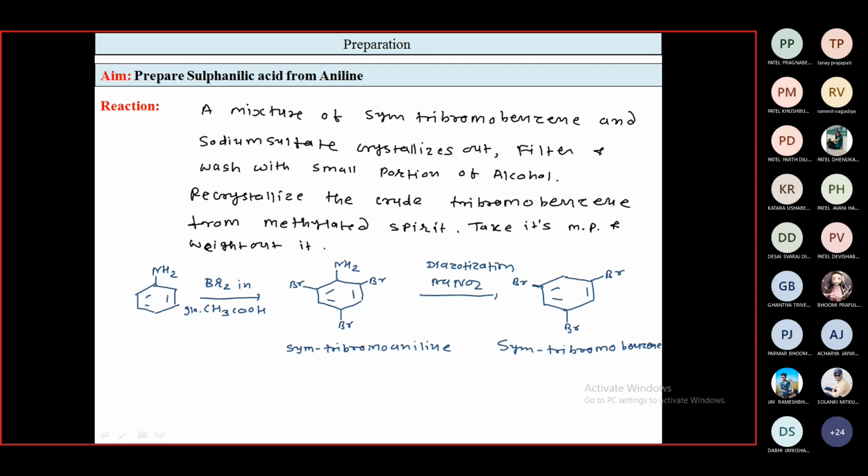So if you go for calculation of theoretical yield, it is very simple.